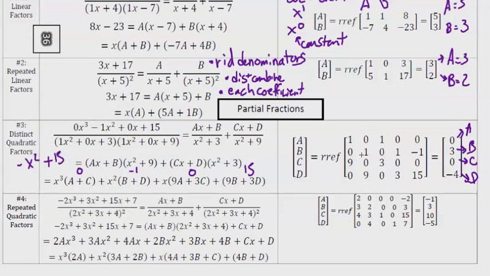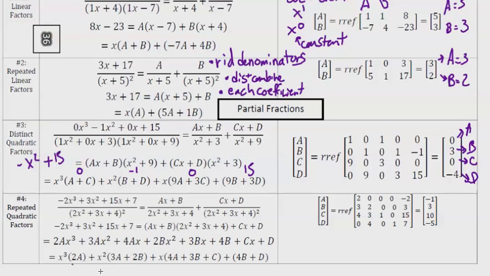Do the same thing as before, multiply each term by the denominator to get rid of all the denominators. So then distribute and combine like terms, and then separate each of the coefficients that you're looking for. The x cubed coefficient, the x squared coefficient, the x coefficient, and the constant coefficient.